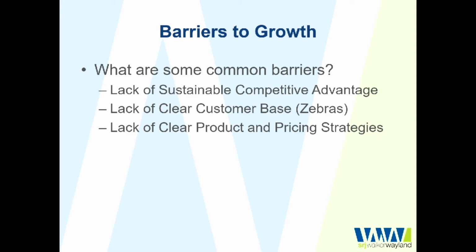So they also don't have an understanding of, if you've got 90 different products that you sell, which ones have the highest margin. So the easiest way to make money is work out which of your products and services have the highest margins and sell more of those. So think about your product and your pricing strategies.